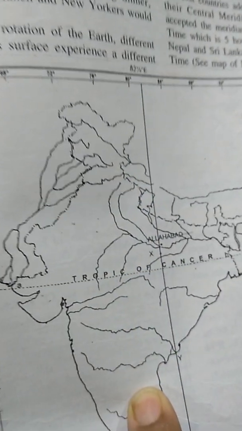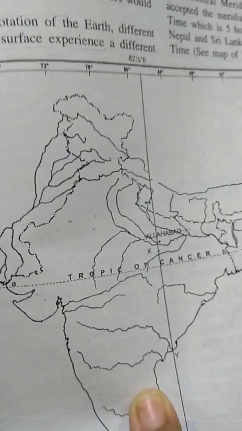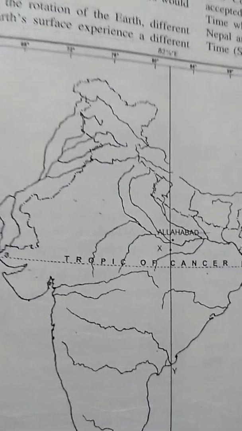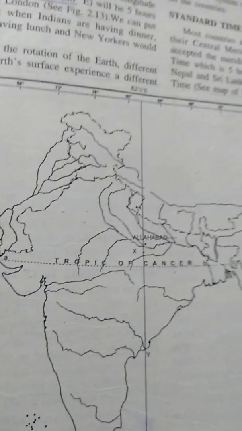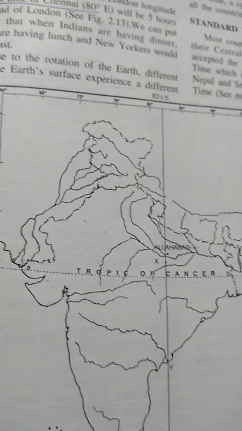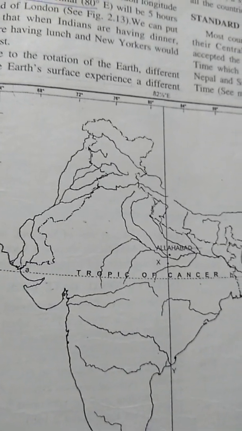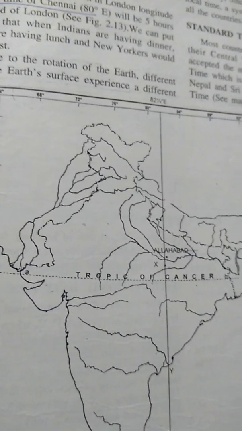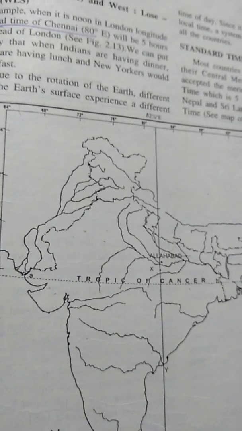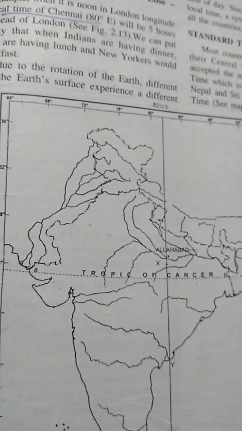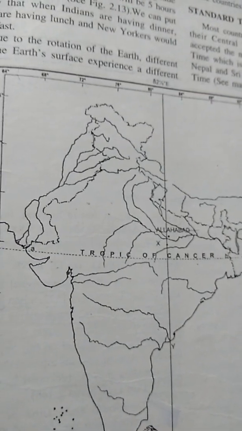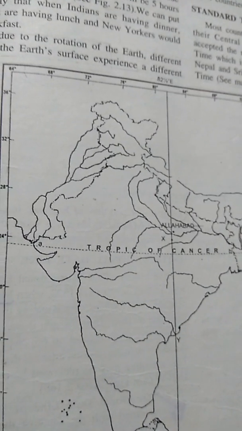It means at noon daytime, 12 o'clock is to be understood where the shadow of the sun on our body, any body, is straight. It is said to be noon, 12 o'clock. According to that noon line, we can understand the local time.